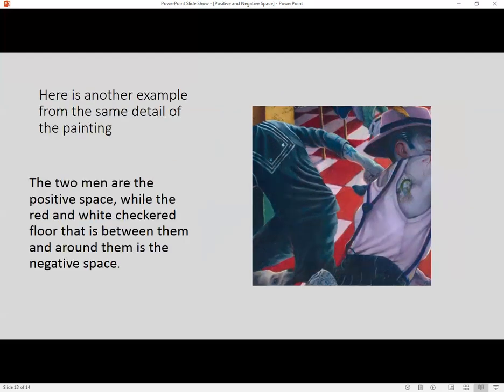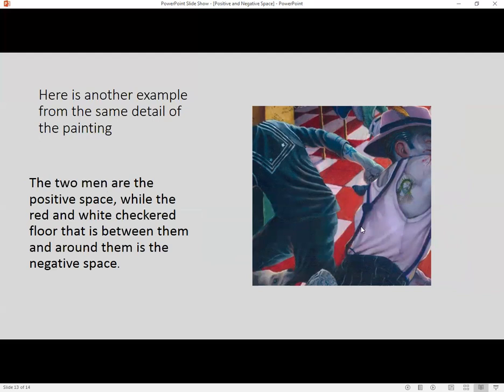Now we could zoom out a tiny bit further, the same detail of the painting, and we could talk about the guy in the green sailor suit with his arms stretched out. He's positive space. The man in the white sleeveless t-shirt and the suspenders and the hat and the striped pants, it's hard to see them, that's positive space.